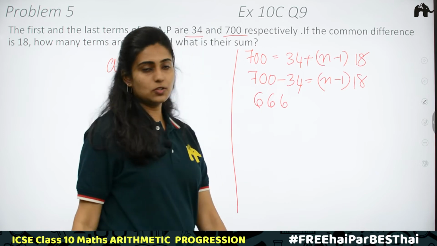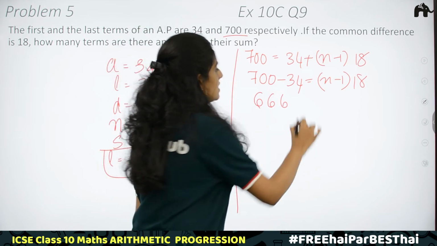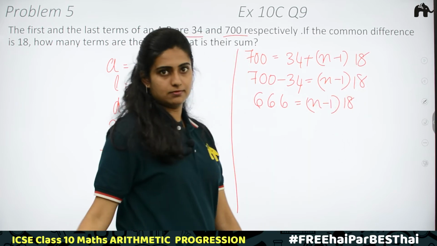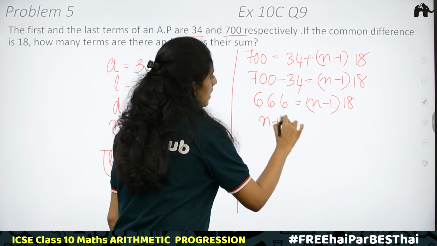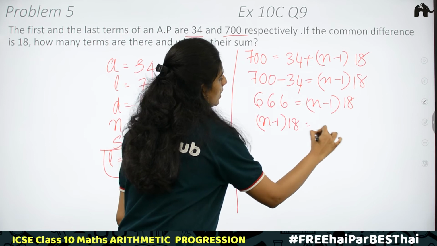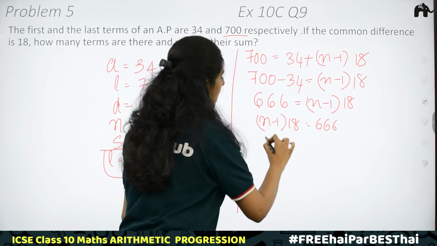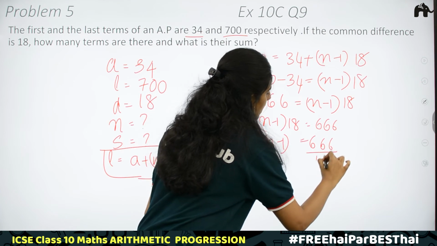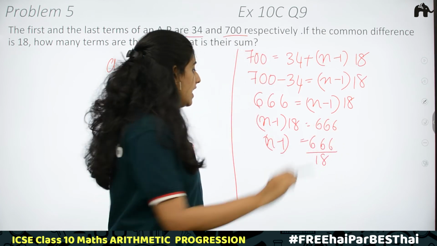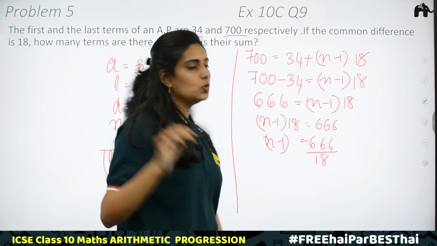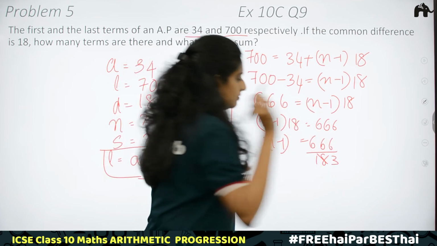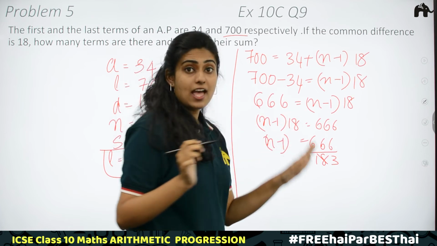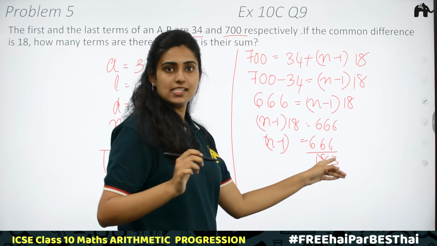666 is equal to (n minus 1) into 18, or (n minus 1) into 18 is equal to 666. n minus 1 is equal to 666 divided by 18. 18 is 6 into 3. What is 666? 111 into 6 we get 666.